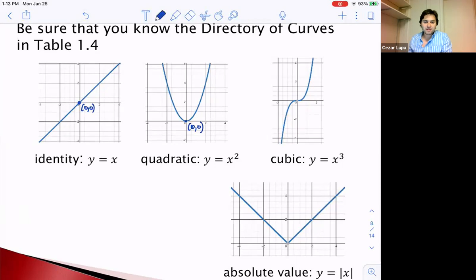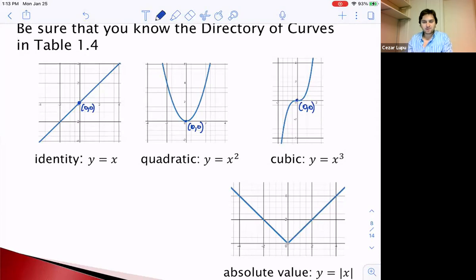If you look at the graph, you can see that it's symmetric with respect to the y-axis. Also, the cubic function will look like this. Again, this will pass through the origin. We took the simplest identity, quadratic and cubic, so this is the graph of the simplest cubic function, y equals x cubed.